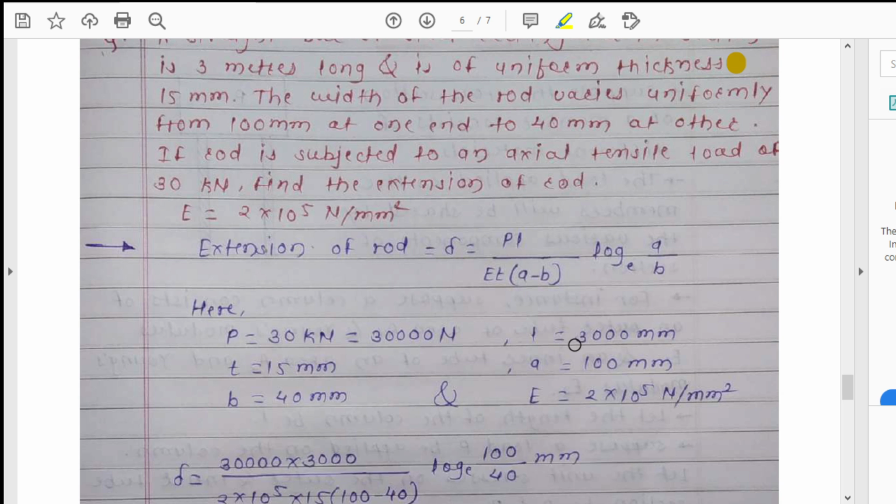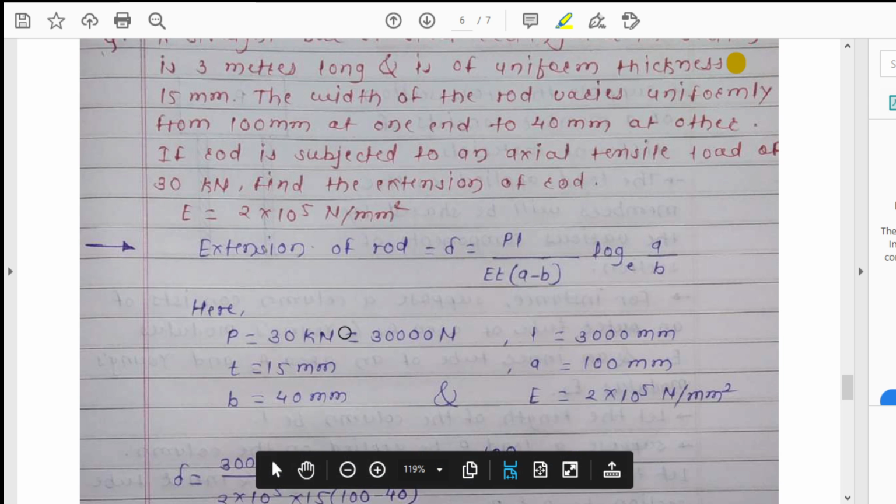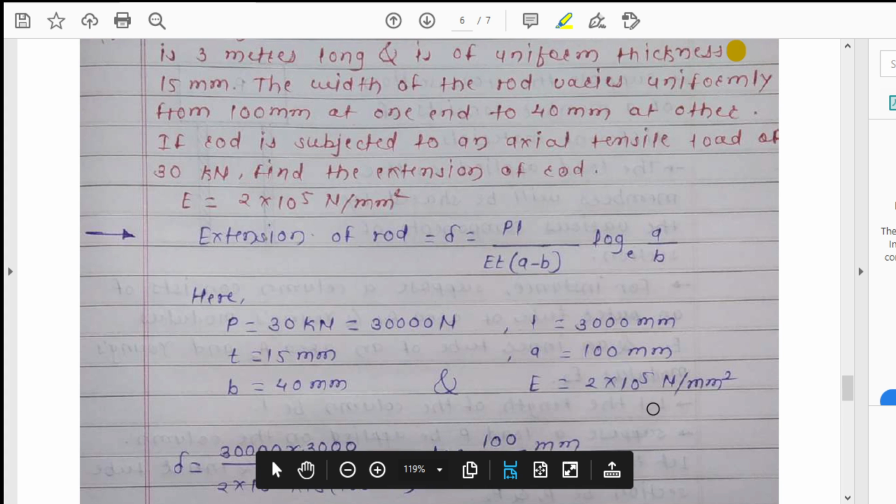L is 3000 mm. Width at one end is a, which is 100 mm, and at the other end b, which is 40 mm, and E they have given as 2 into 10 raised to 5 newtons per mm square.